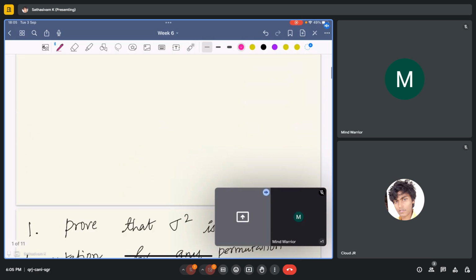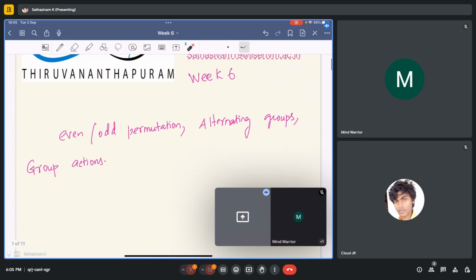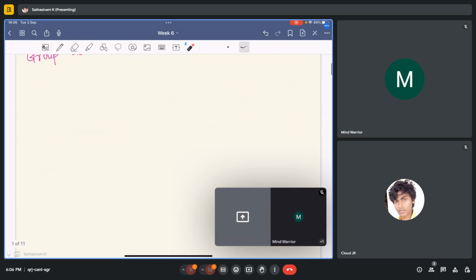Before going to that, first we'll do a little bit about even and odd permutations. If you look at the lecture, there is one way of defining even and odd permutations, right? You take any sigma which belongs to Sn.